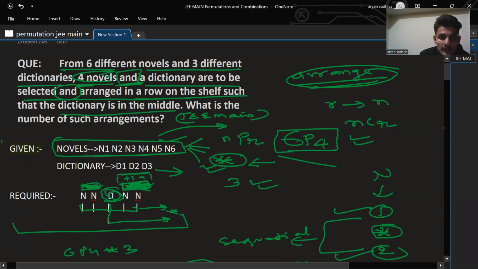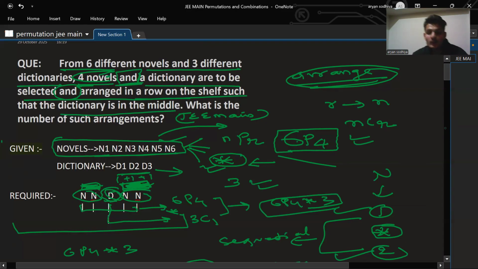Arranging r objects out of n is the nPr formula, which is 6P4 since there are 6 novels in total, and you need to select only one dictionary out of 3, so that is 3C1. Now you will multiply both of them, 6P4 into 3, and that would be the answer. I hope you got this concept.